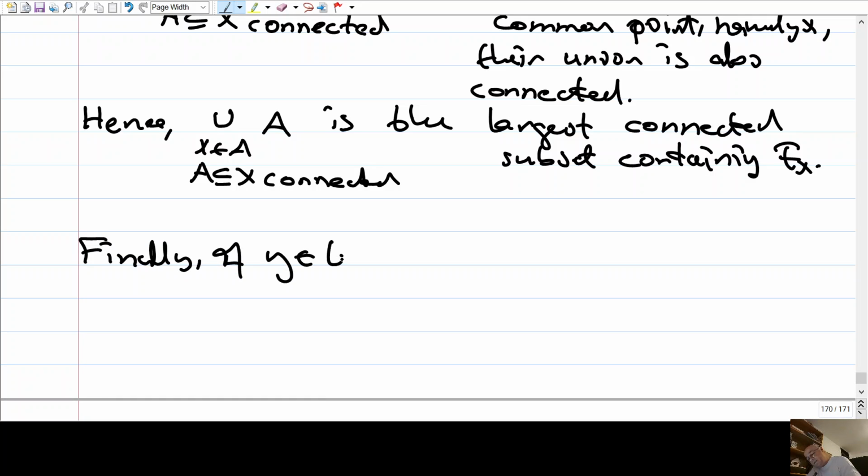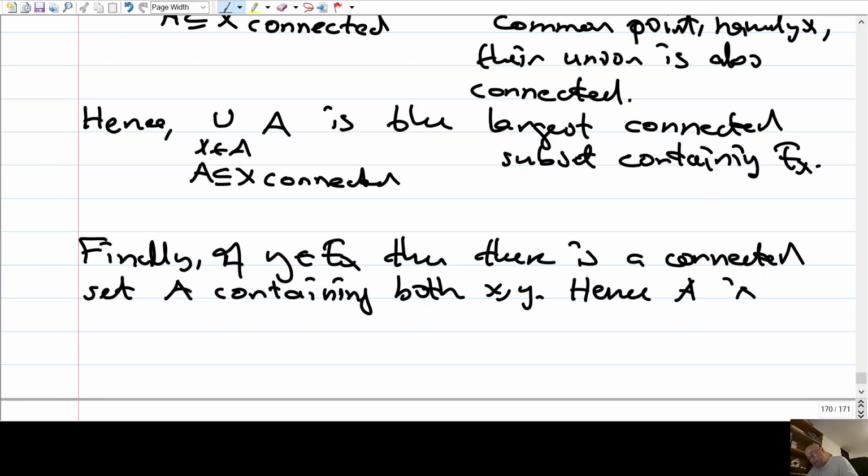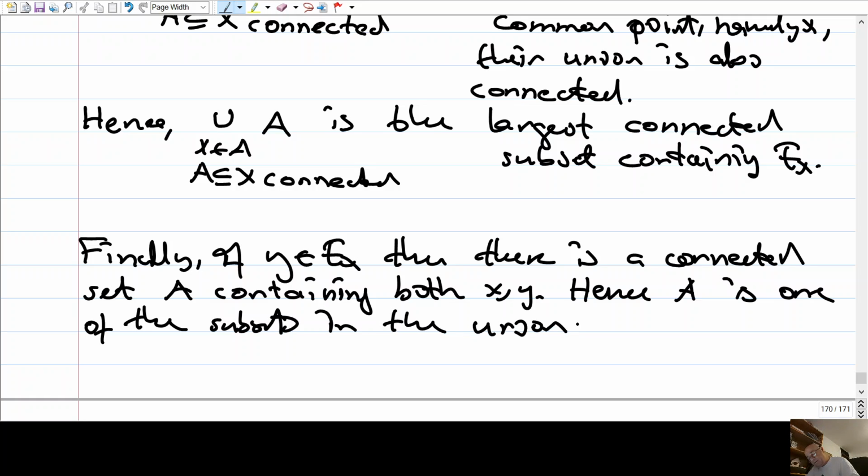Finally, if y is in EX, then there is a connected set, let's say A, containing both X and Y. Hence, this A is one of the subsets in this union.